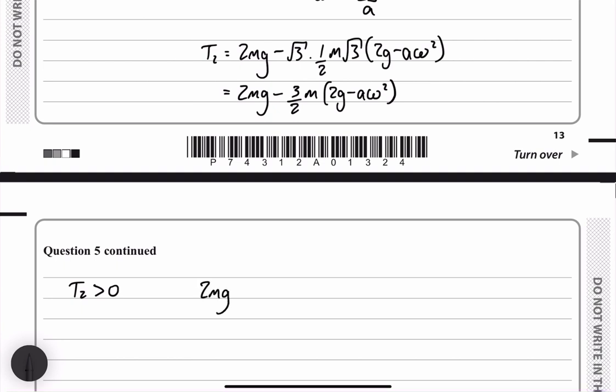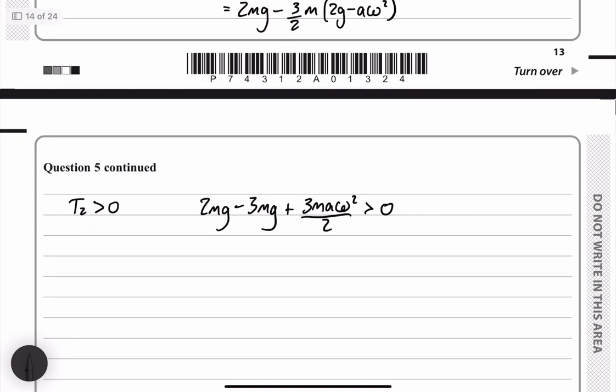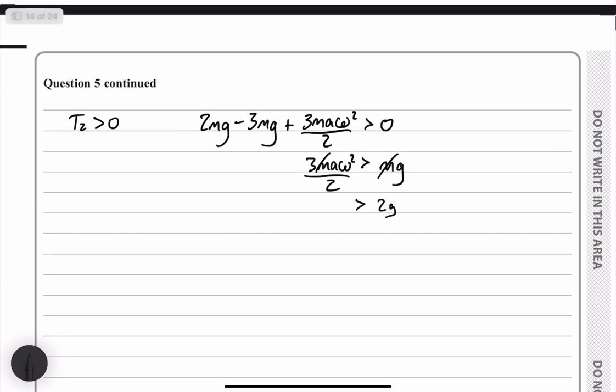So 2mg, let's open these brackets as well, that gives us minus 3mg plus 3ma omega squared over 2 must be greater than 0. mg on this side, 3ma omega squared over 2 on this side, m's cancel, we get 2g over 3a omega squared must be greater than this.